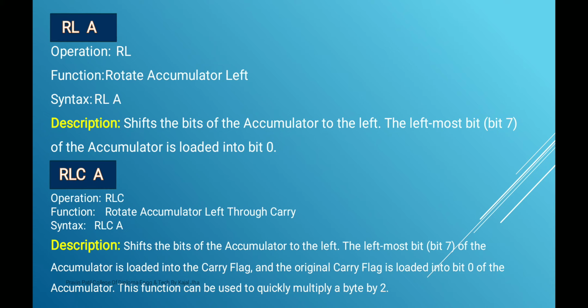Suppose the accumulator contains the value 0C5H, that is 11000101B, and the carry is 0. The instruction RLC A leaves the accumulator with the value 8BH, that is 10001010 with the carry set.